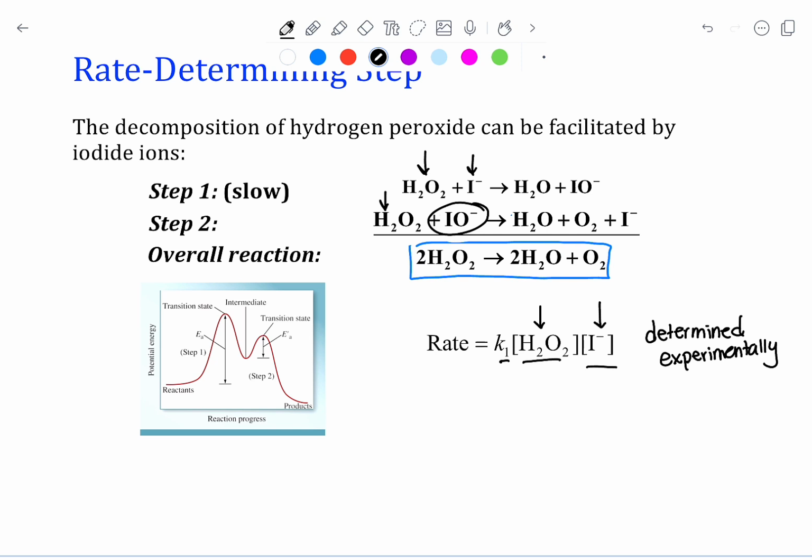So because the rate law has H2O2 and I- in it, the rate determining step is step 1, which was also noted by the fact that it has the slow notation, because the slower of the two or more reactions is going to be the rate determining step.